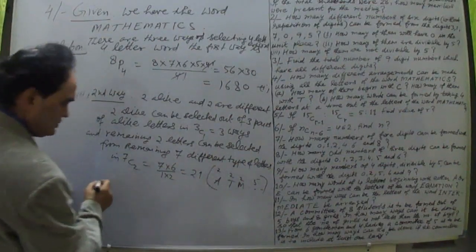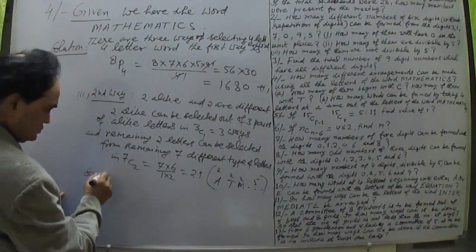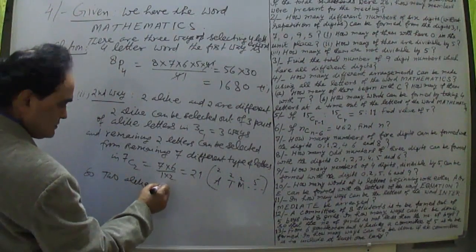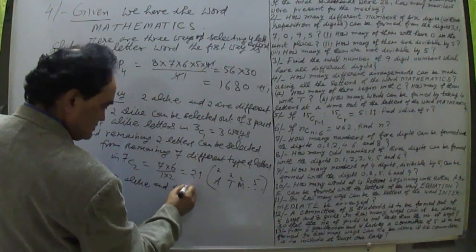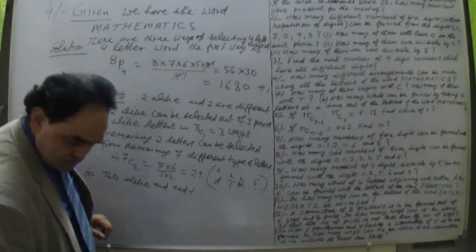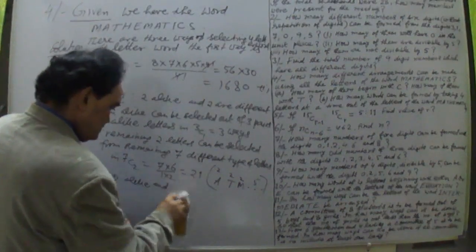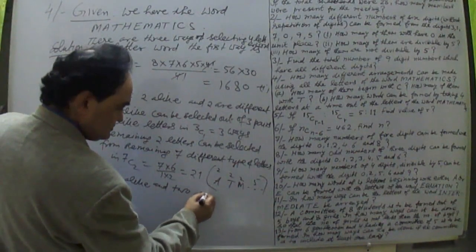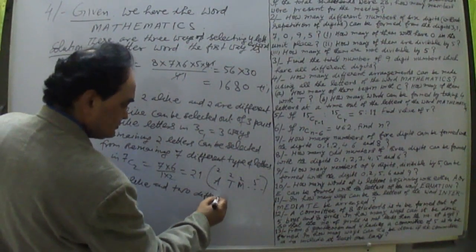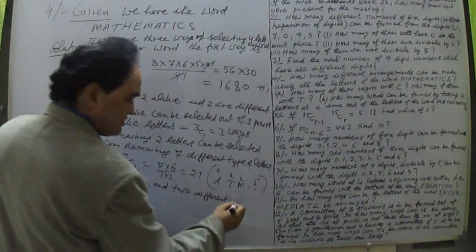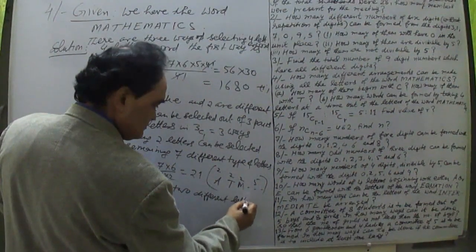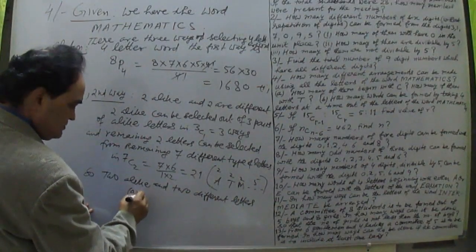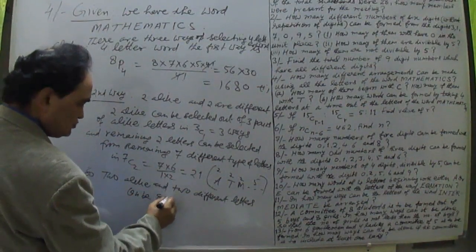This is the second process, and two different letters can be grouped.